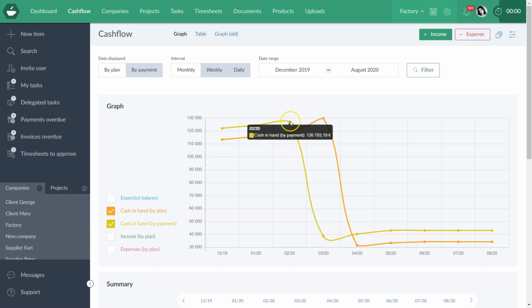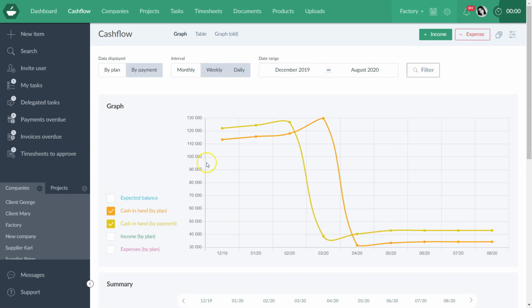And actually, if you look at the reality, you got it a bit earlier in February, but you got a bit less. And then a couple of months later, the plan is that you're supposed to get a bit lower, but you probably got paid a bit more, and a bit earlier. So that's why it's shifted.